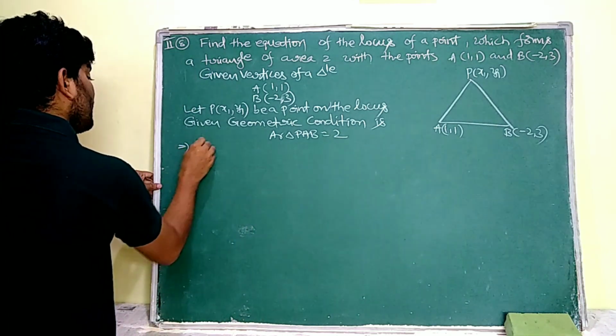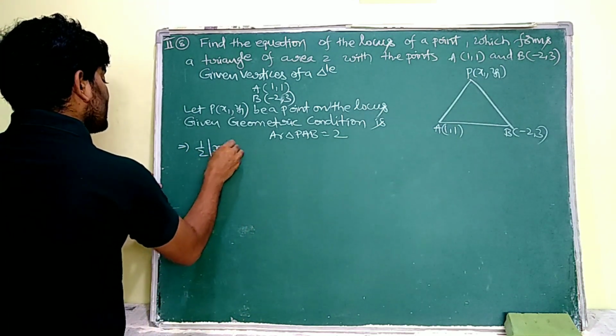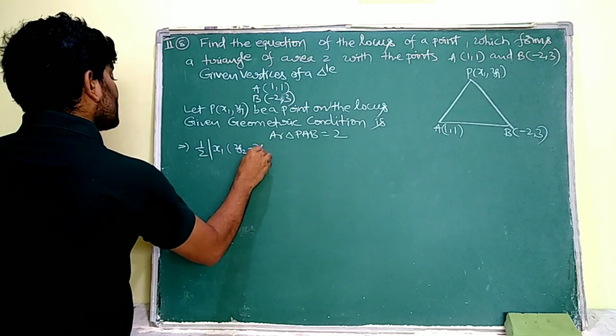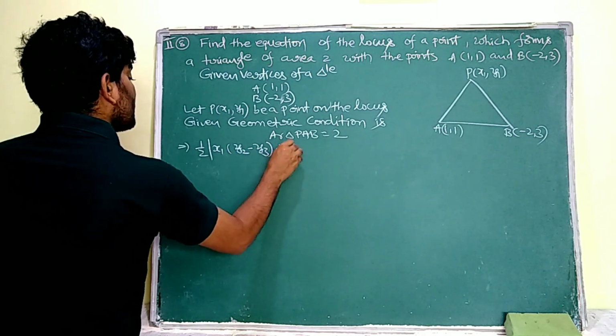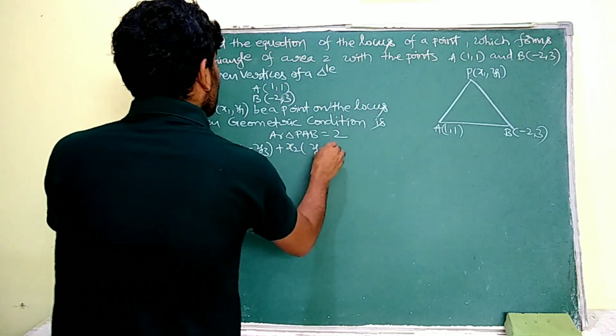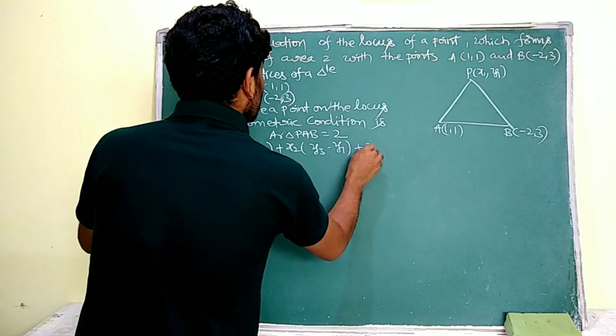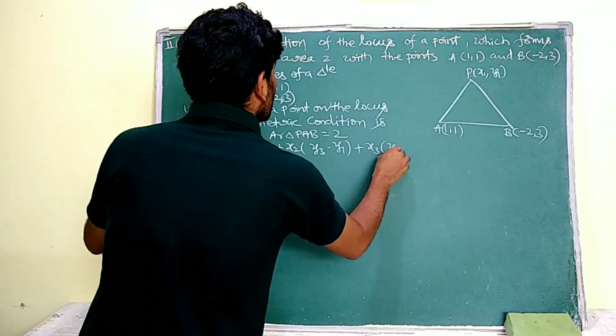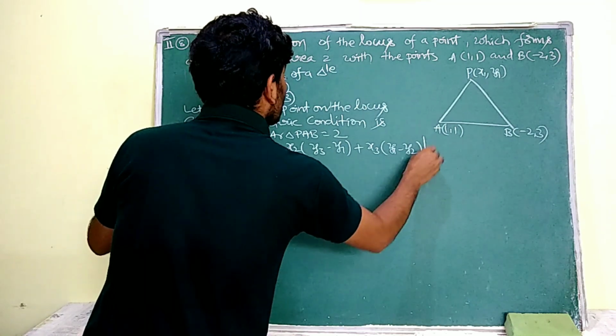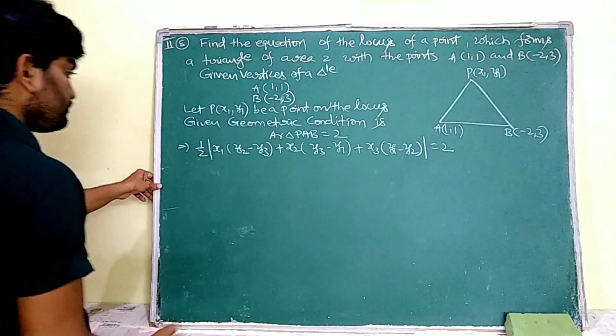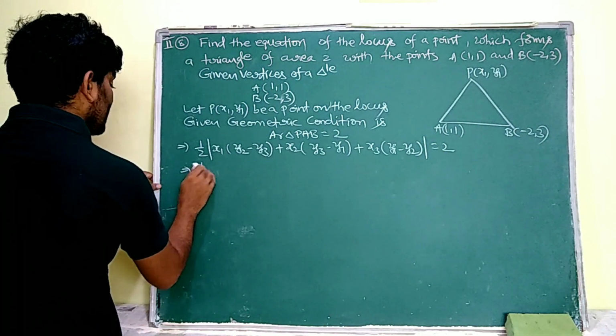So that is half modulus of x1 into (y2 minus y3) plus x2 into (y3 minus y1) plus x3 into (y1 minus y2) is equal to 2. Now just substitute the values.